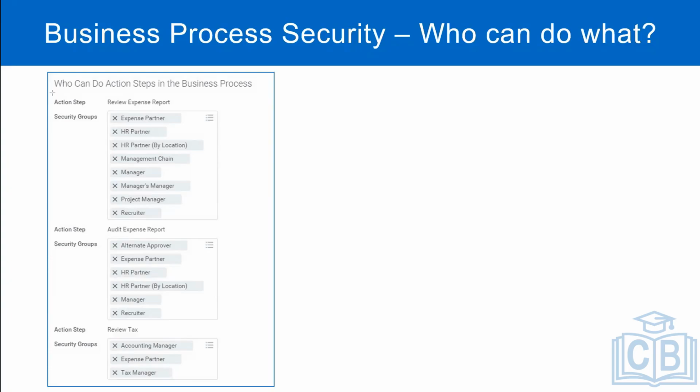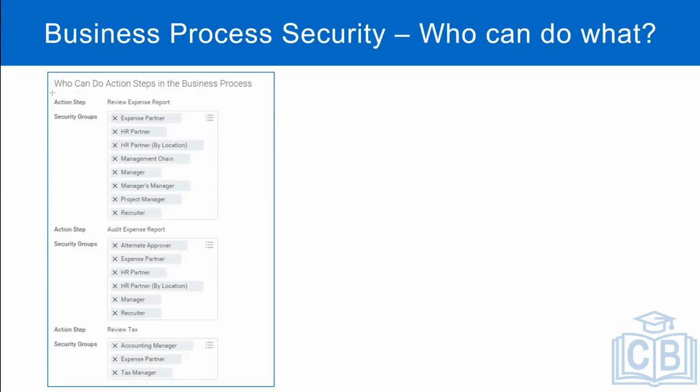Correct? That's what you did. If you go to the business process definition, it will say that yes, compensation partner should do this task, and then you assign the role of compensation partner to somebody, Logan McNeil, in your supervisory organization. That's what you did.